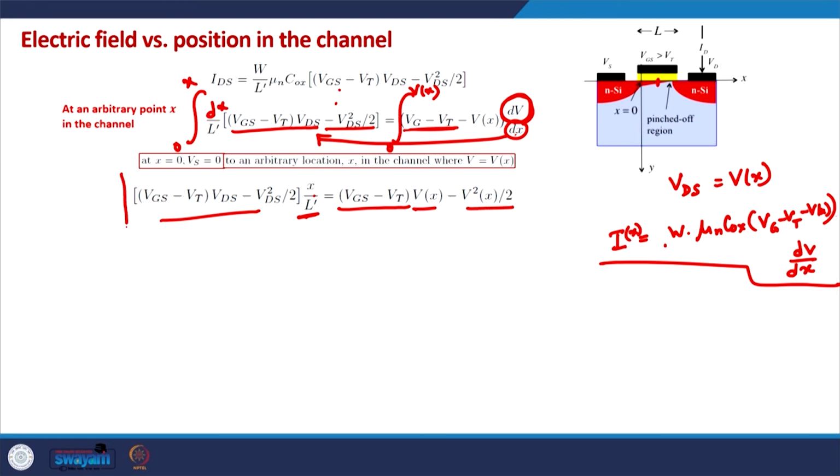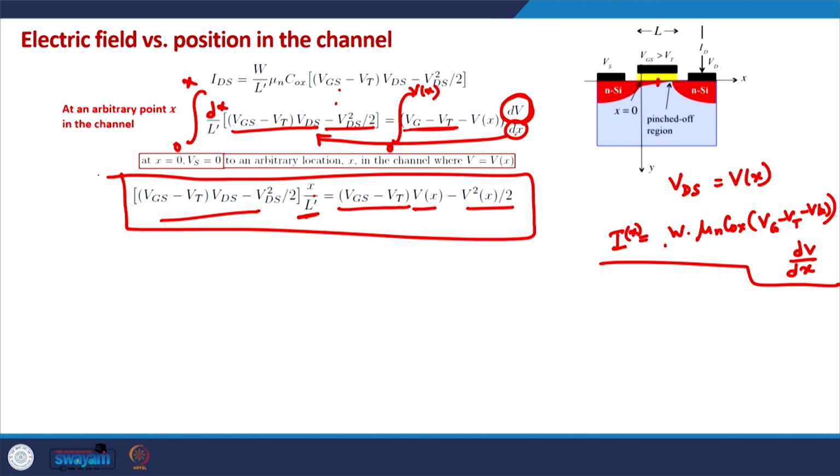So now this becomes a quadratic equation in the voltage across the channel.